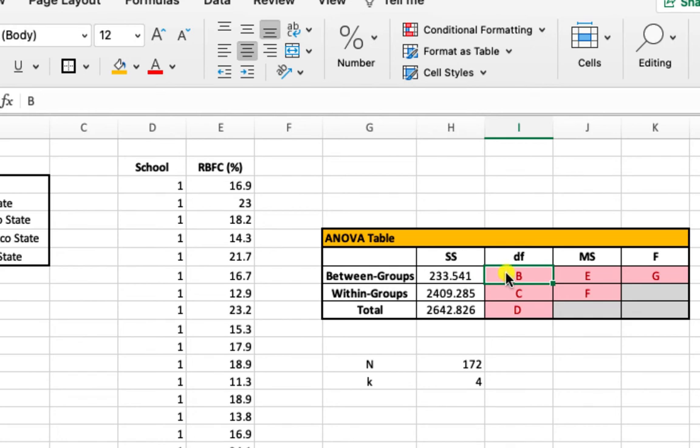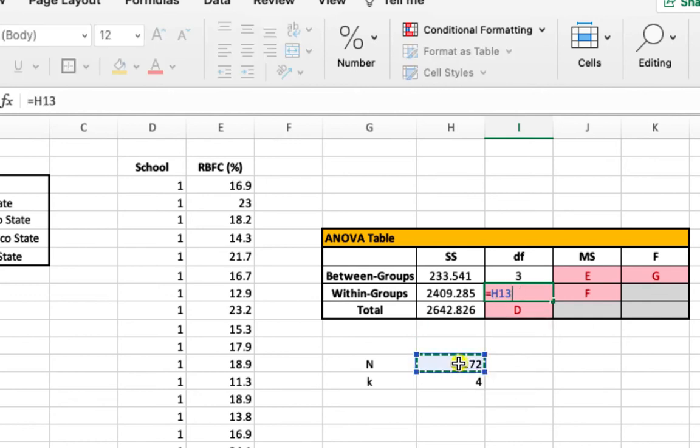Our between groups degrees of freedom is going to be k minus 1, so the number of groups that we have total minus 1. So that'll be 4 minus 1, that gives us a degrees of freedom of 3. Our within groups comparison is going to have a degrees of freedom that is equal to the total number of subjects we have minus the number of groups we've collected.